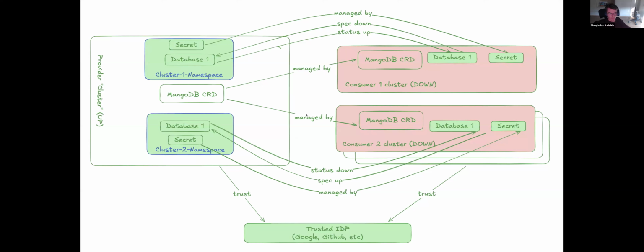So what's under the hood: you have a cluster which acts as a service provider, basically upstream, and you have many consumers, potentially other Kubernetes clusters. In the old world, if you want a database operator, you have to install it in every cluster.